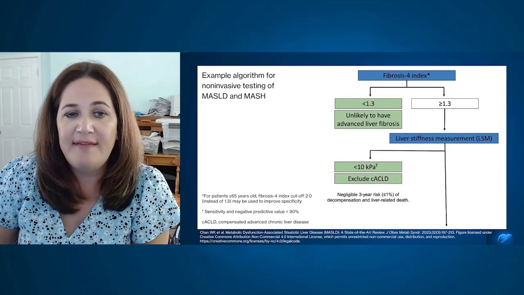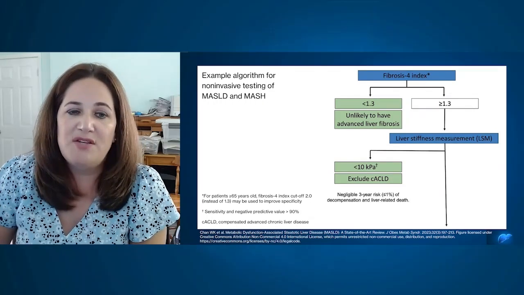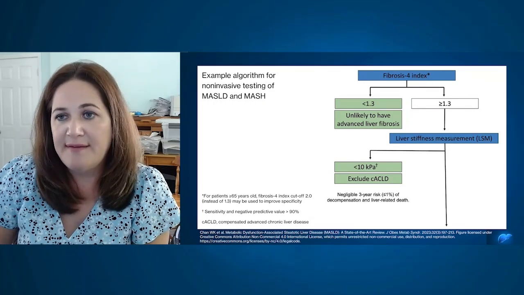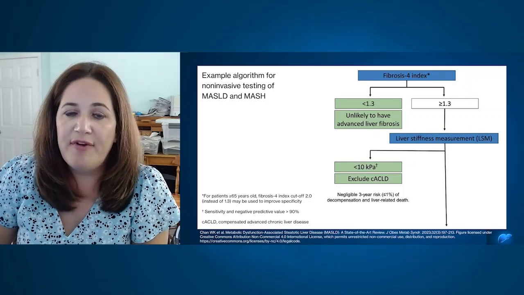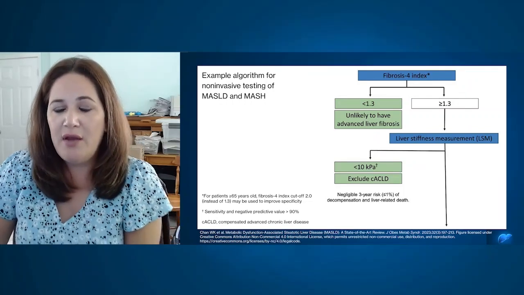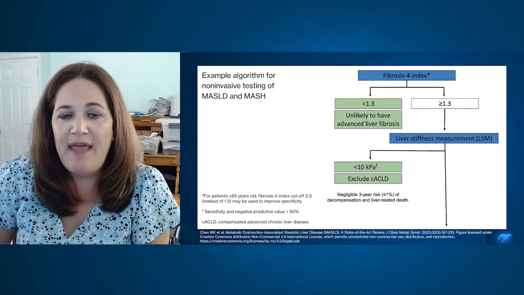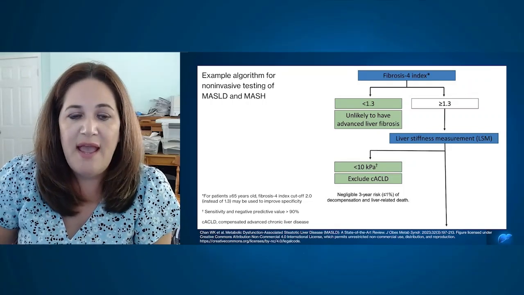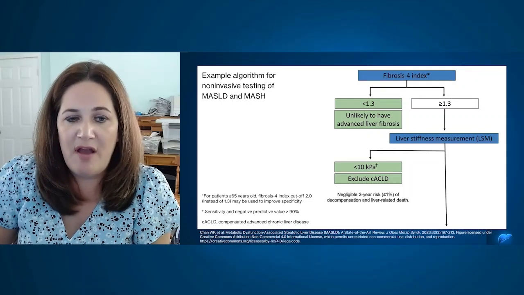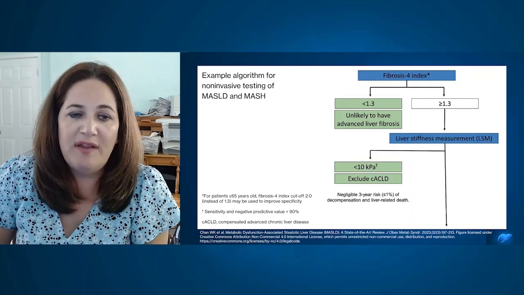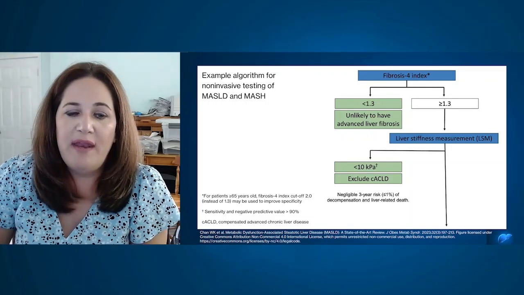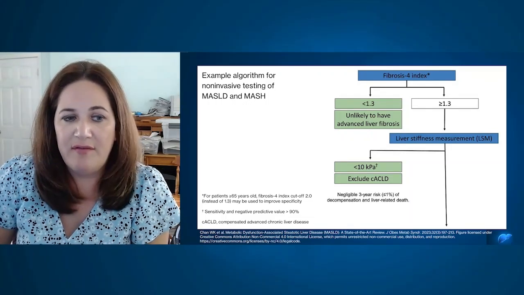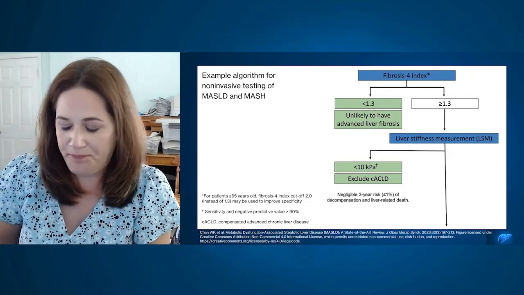Again, if it's less than 1.3, this patient is unlikely to have advanced liver fibrosis. However, if it's greater than or equal to 1.3, that pulls the trigger to look at the liver stiffness measurement, and usually that's done by elastography. If the result is less than 10, we can exclude advanced liver disease at that point.